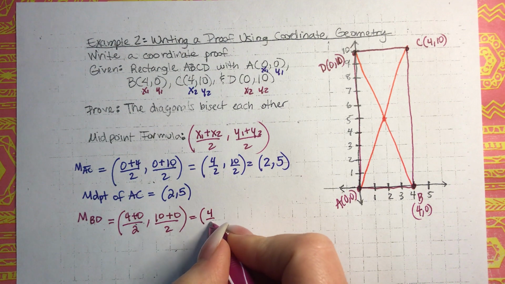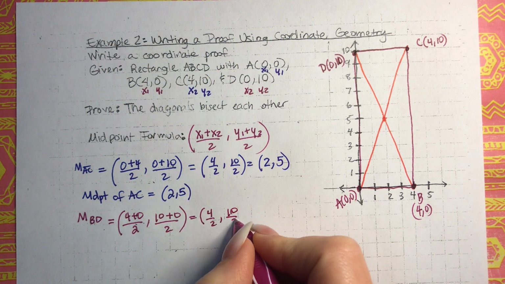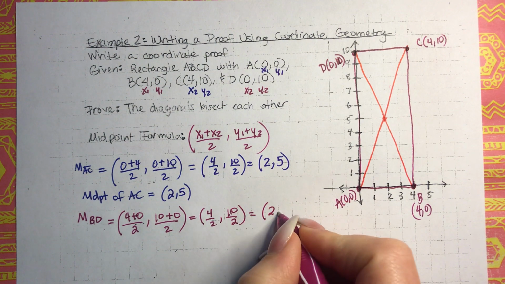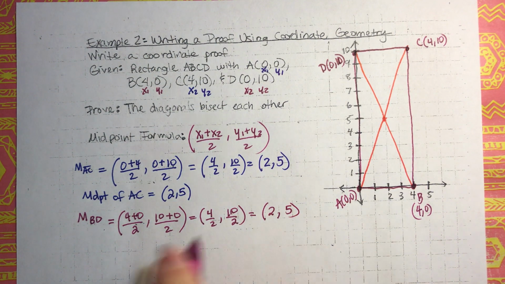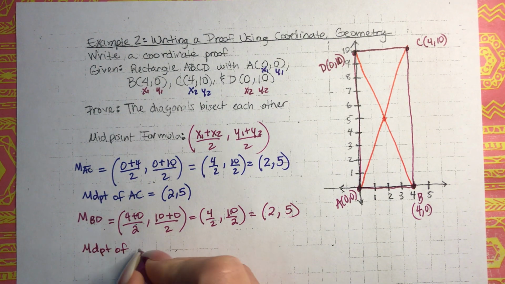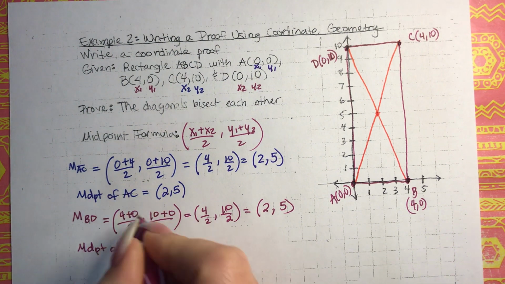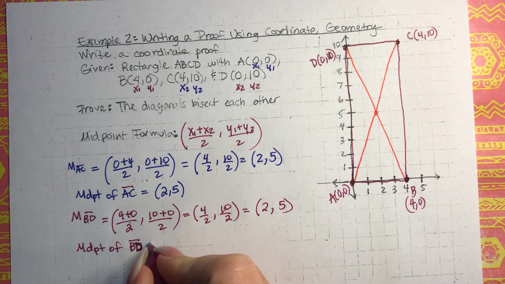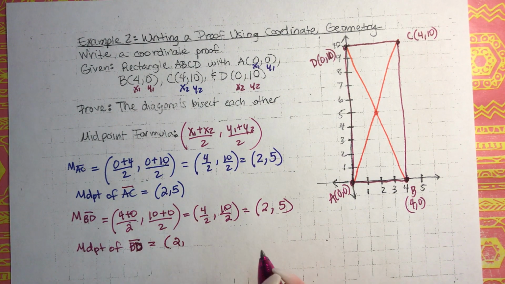That ends up being 4 divided by 2, 10 divided by 2, and we get the same thing. 4 divided by 2 is 2, 10 divided by 2 is 5. So that means the midpoint of BD is 2, 5.